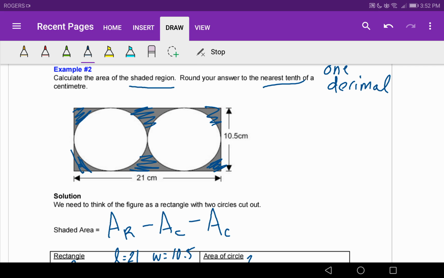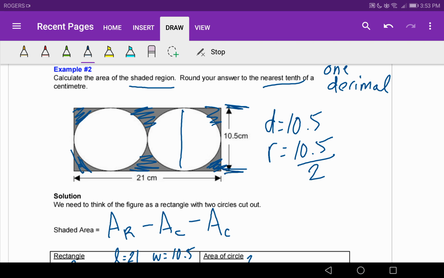Well, if from here to here is 10.5, that means the diameter of this circle is 10.5. Now I know that the radius should be 10.5 divided by 2. It's half the size of the diameter. So my radius is 5.25 centimeters.